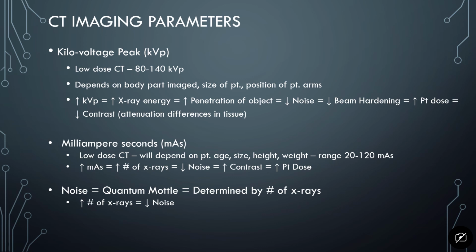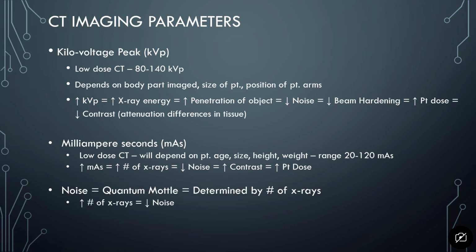So if you have a low dose CT and the kVp setting is set really low, your images will look whiter because more of the X-rays are attenuated and less of them are reaching the detector. If you have a high kVp setting, your image is going to be blacker, like the lungs, because more of the X-rays are passing through the patient and hitting the detector.